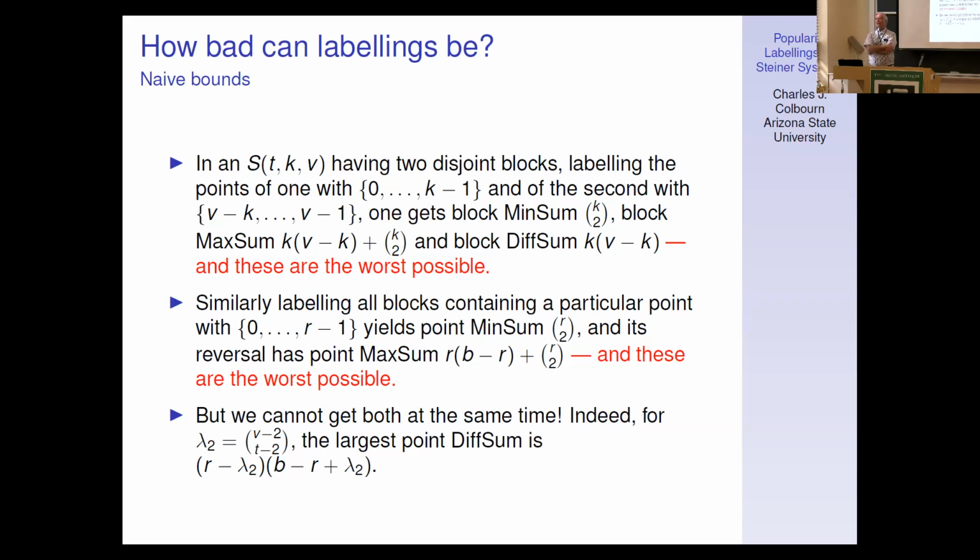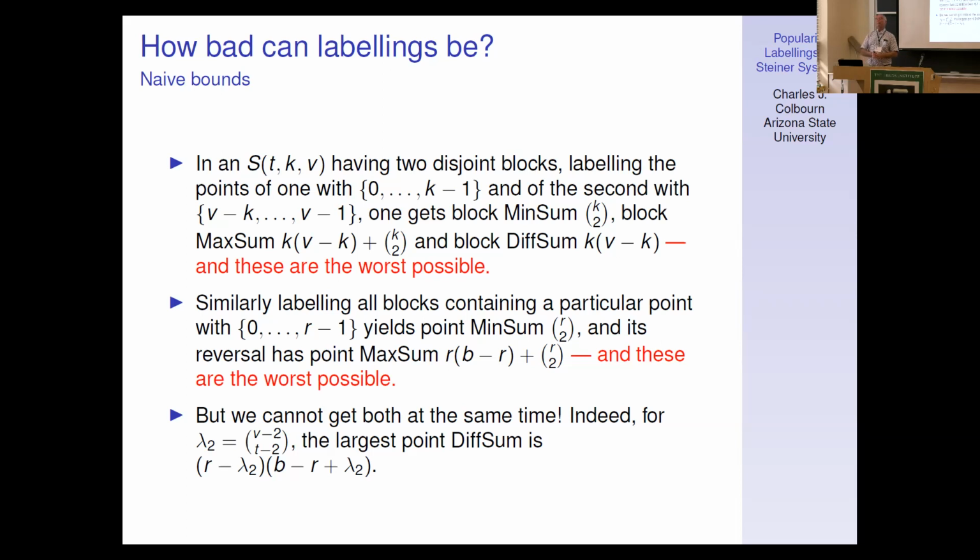So similarly, if I try and do that for points, it almost is the same, but now I need to be careful because if I try and label all the blocks containing a particular point with the numbers from 0 up to the replication number minus 1, I can do that.